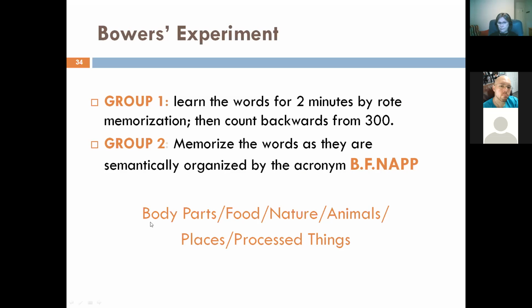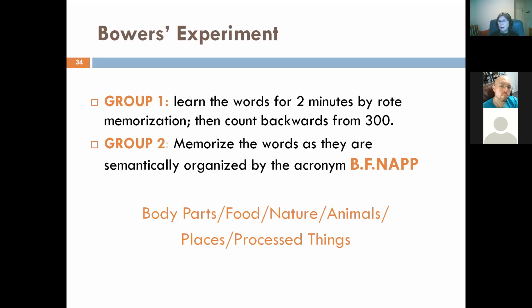And it stands for body parts, B, right? Food, F, nature, animals, A, right? And PP, places and process things. So now you can predict, right, what's going to happen with people's memories.